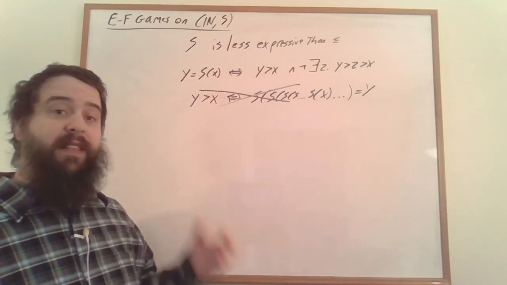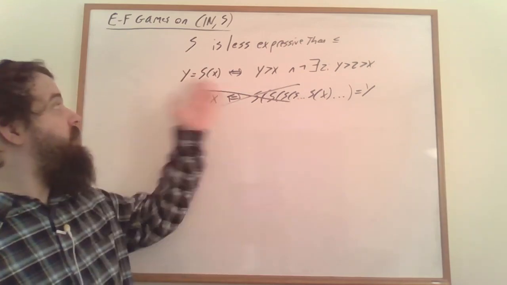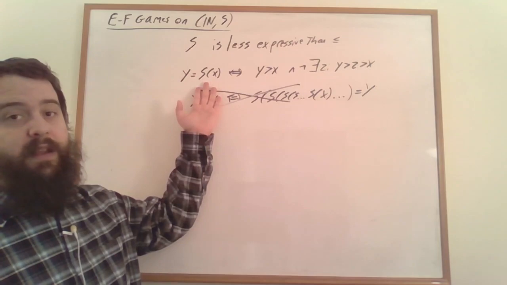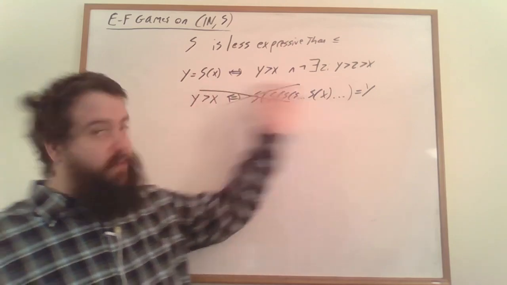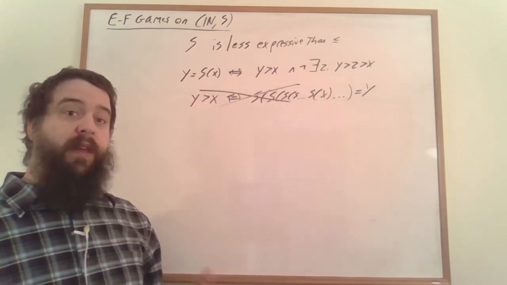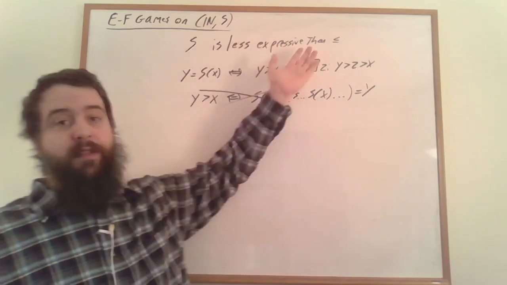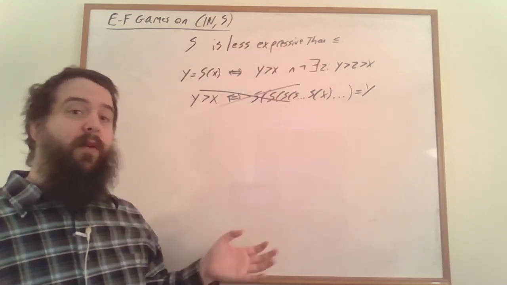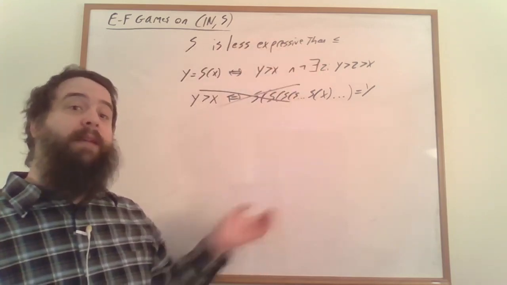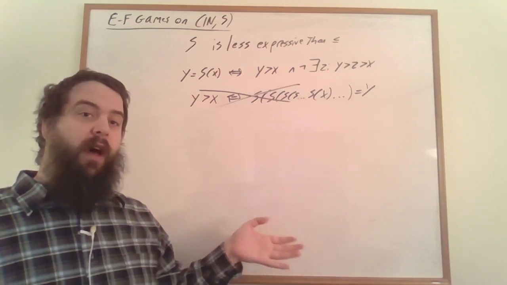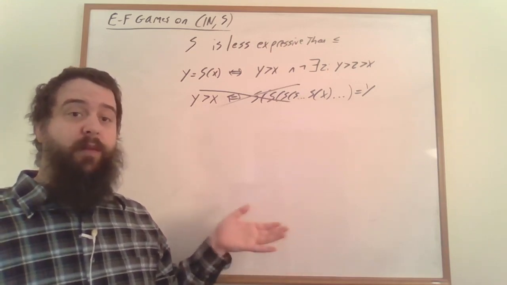So we expect that some formulas that are specifically related to the notion of successoring to have fewer quantifiers in them. On the other hand, because successor is less expressive, we expect some formulas to require many, many more quantifiers, or potentially not be expressible at all.